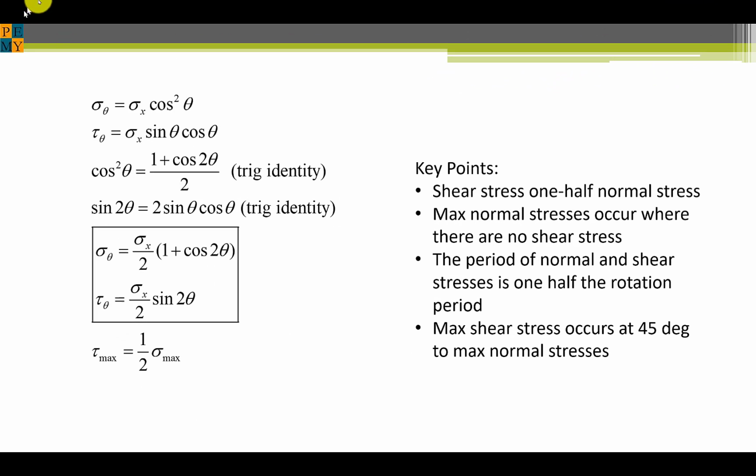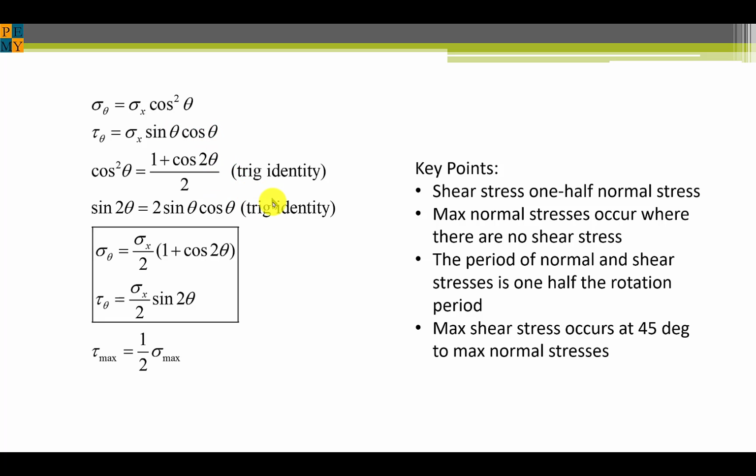The two equations are listed here. So the normal stress is equal to the axial stress, or the normal stress on the uniaxial axis, times cosine squared of the rotation. Tau, the shearing stress on the rotated plane, is equal to sigma x times sine theta cosine theta.